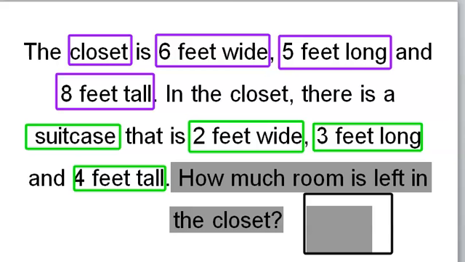So thinking about our volume, remember your formula for volume is going to be length times width times height. So we want to figure out what the volume is of our closet and our suitcase, and then we want to find the difference between those in order to figure out how much space is left in the closet.